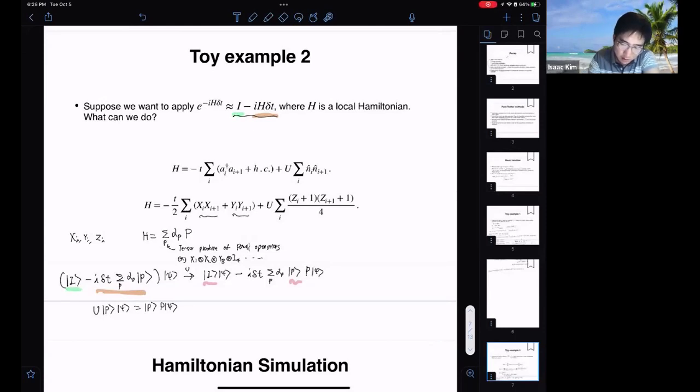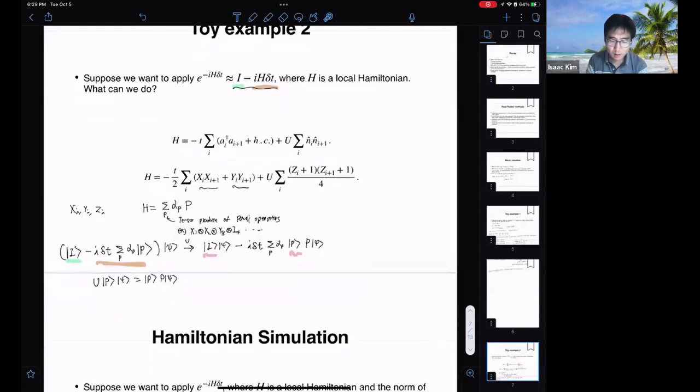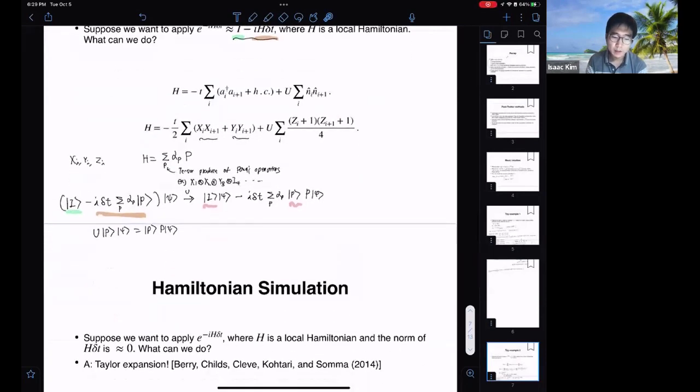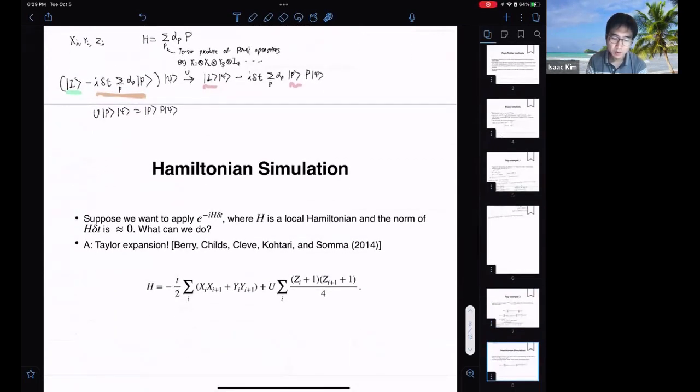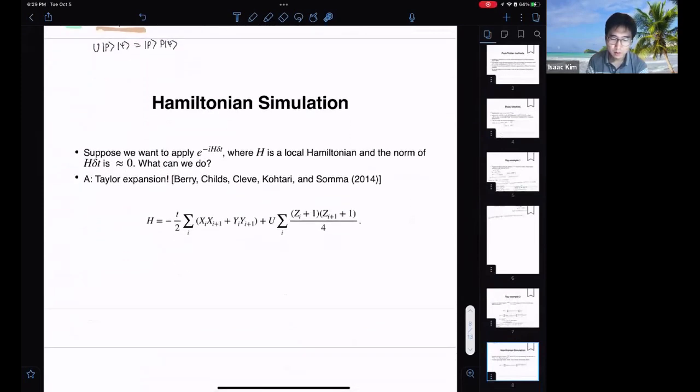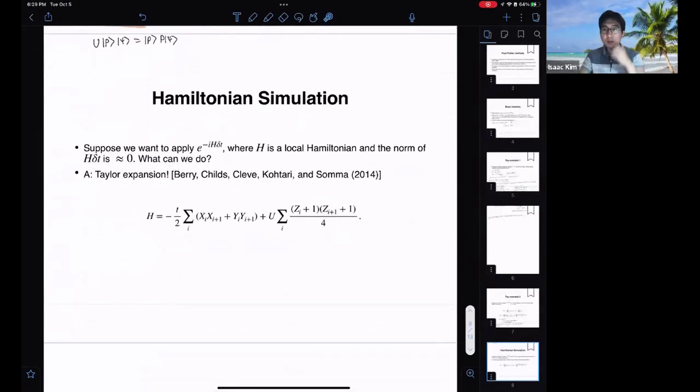So you can design a unitary U that performs this operation. In this way, you can apply, at least so far, an infinitesimally small time evolution. And this is the basic idea behind how the Hamiltonian simulation works using this linear combination of unitary method.